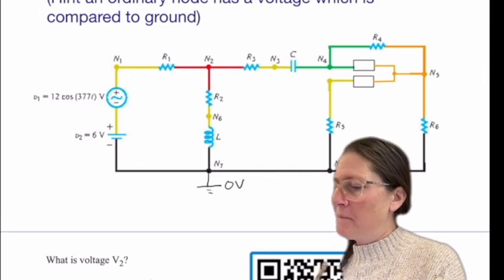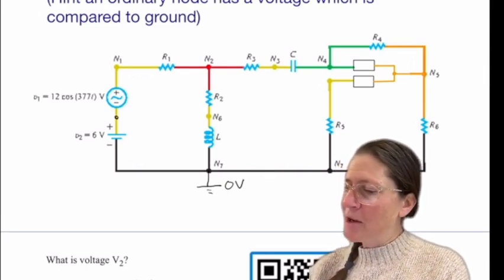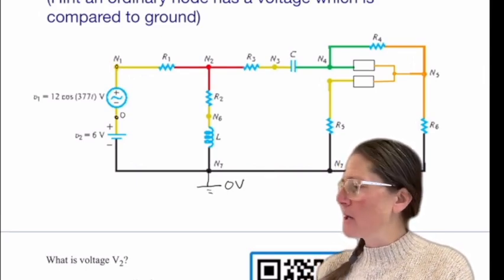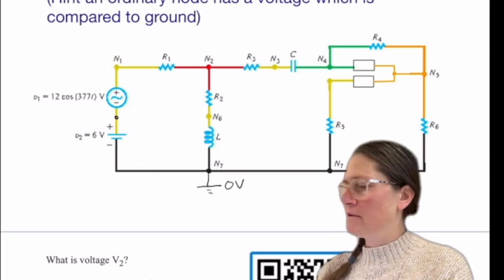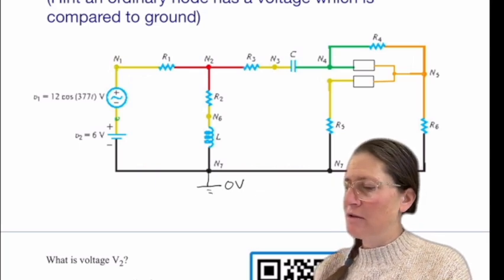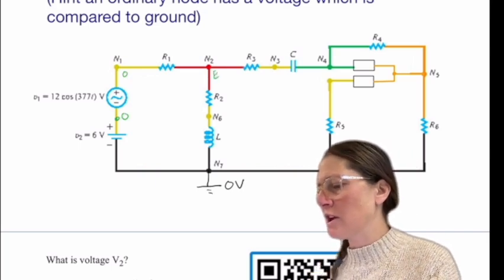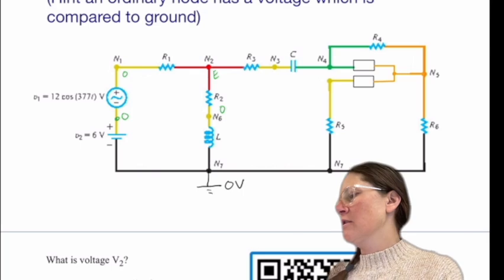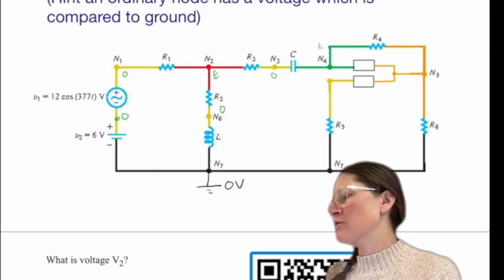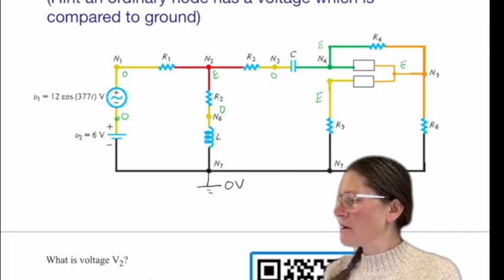Last time we labeled these, this would be an ordinary node here, green. Extraordinary here, ordinary here, ordinary, extraordinary, extraordinary, extraordinary.